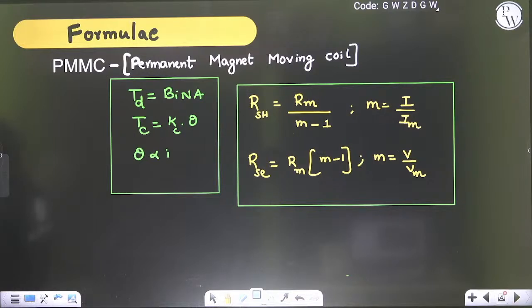Similarly, can you type what are the moving iron instrument formulas? Moving iron. For moving iron, what is the formula?